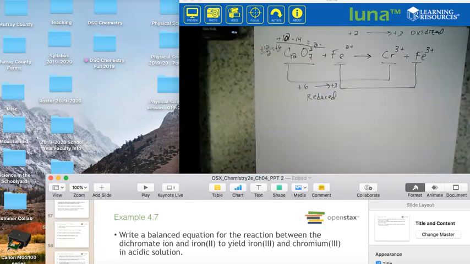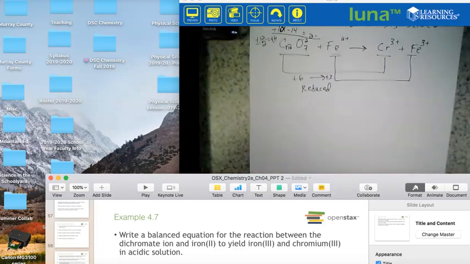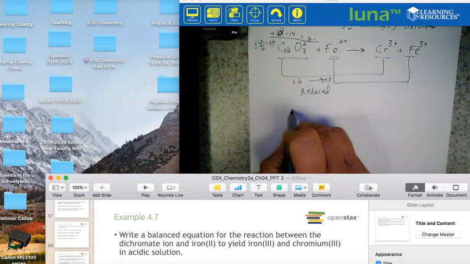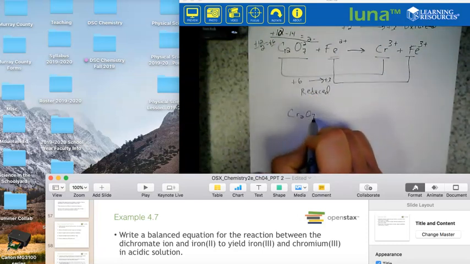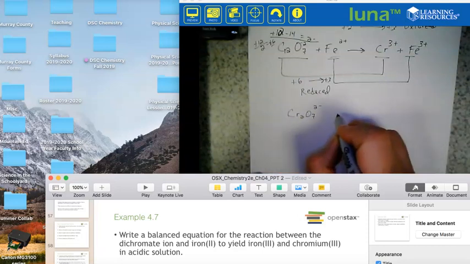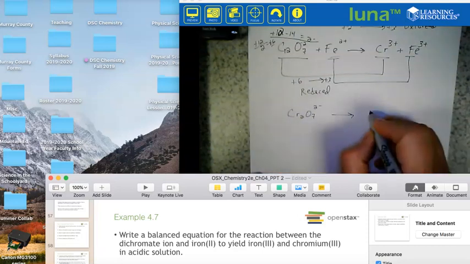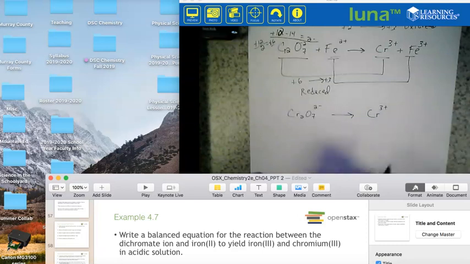All right, so let me go ahead and write my half reactions. I'm just going to put these together. So Cr2O7, the dichromate ion, yields chromium 3 plus.